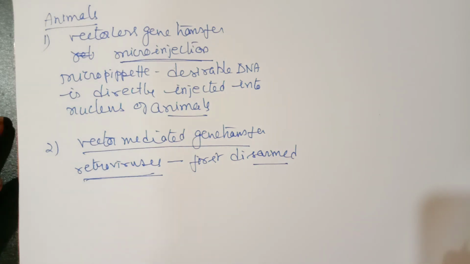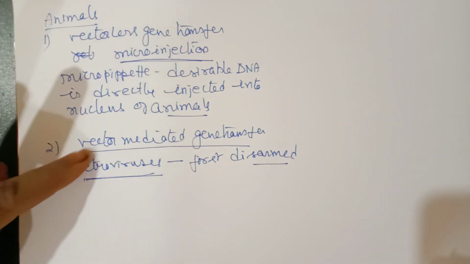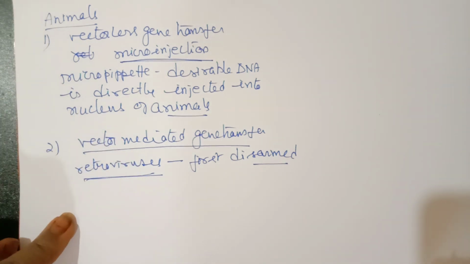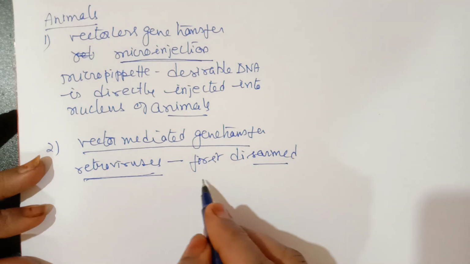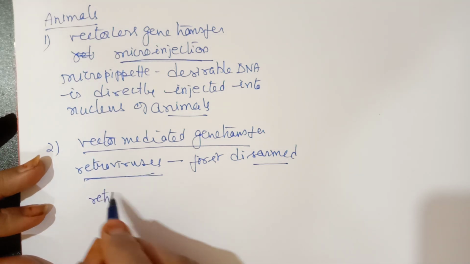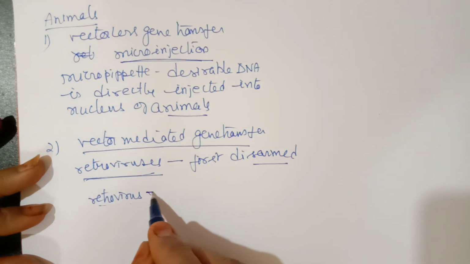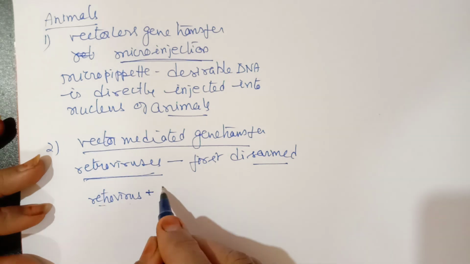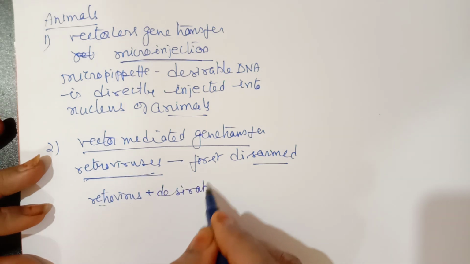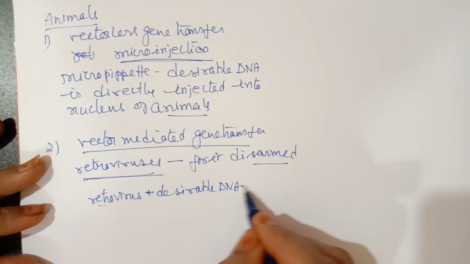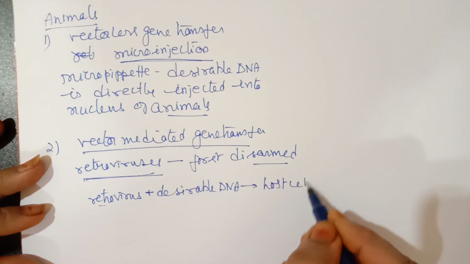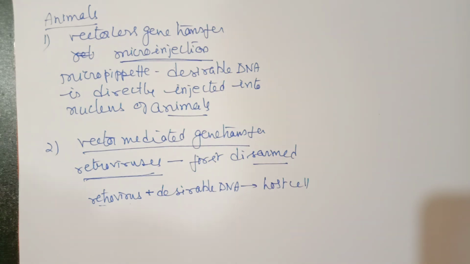Then they become disarmed, and the RNA of the retrovirus is mixed with the desirable DNA and then introduced into the host cell. Because these are RNA viruses which can infect animal cells, it can easily be introduced into the host cell. So that's how the vector used here is the retrovirus.